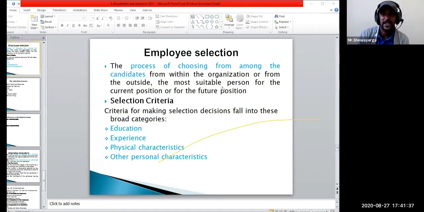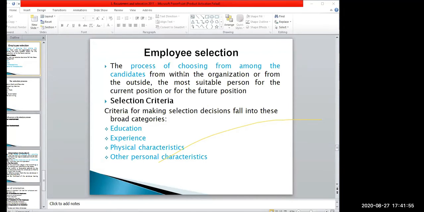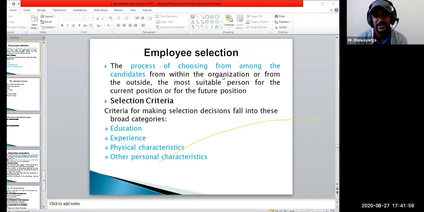Simply for the sake of discussion, what is the difference between selection and decision? Both are the same. We can use them interchangeably as synonymous words.